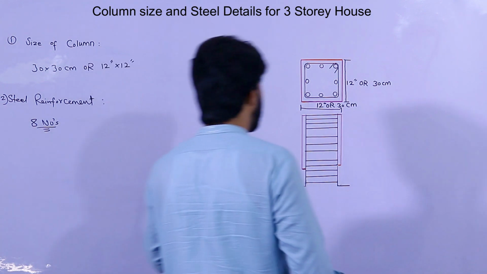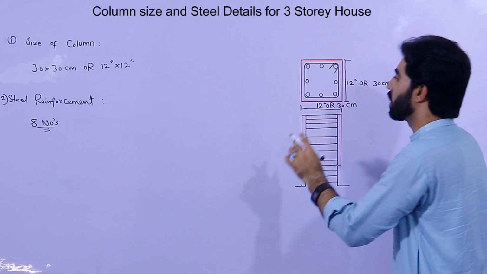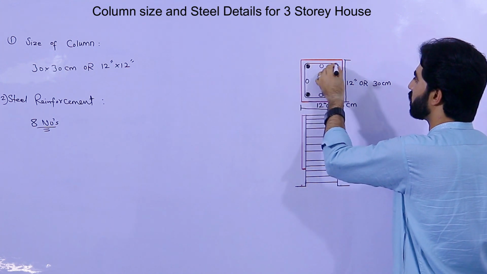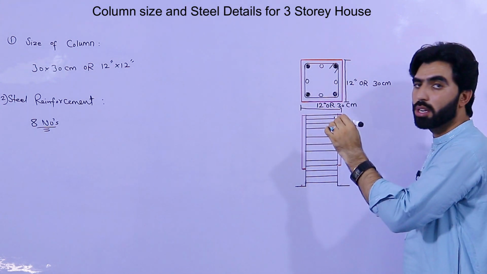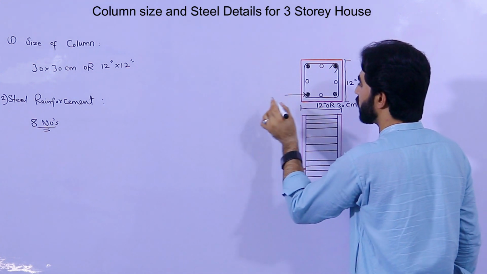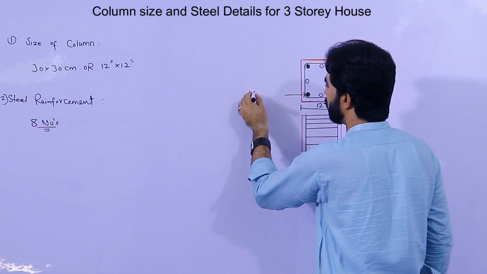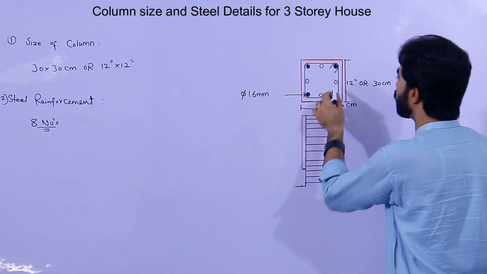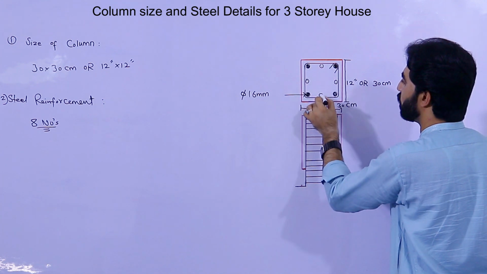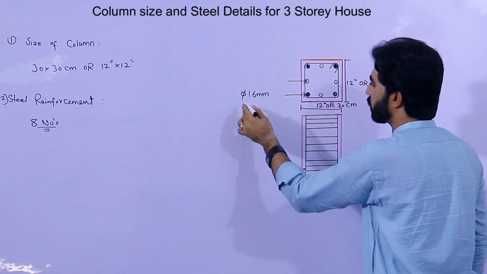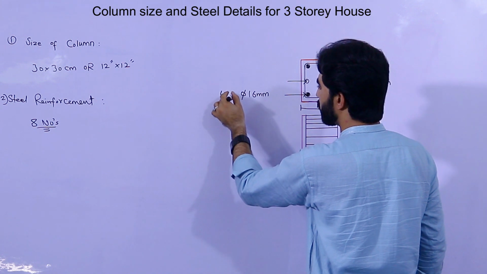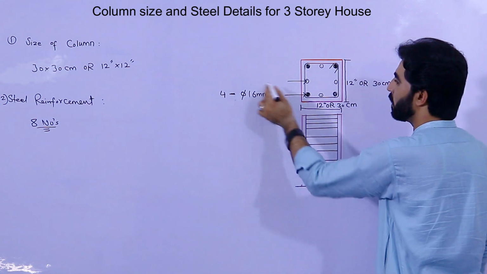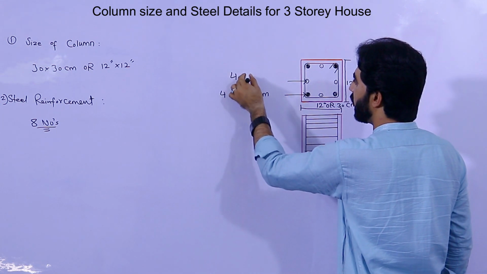Now guys, the 4 corner steel rods, the main longitudinal bars. You can see this is one steel rod, this is the other one, this is the third one, and this is the fourth one. The dia of these 4 steel rods should be 16 mm, and the other 4 steel rods should be dia 12 mm.